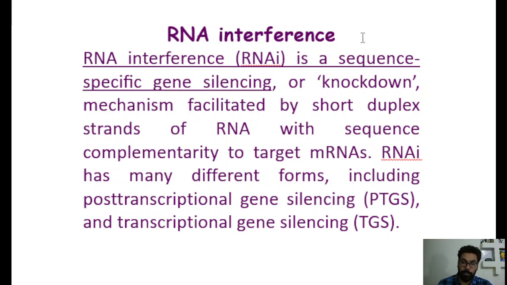Here you can see one term, knockdown. There are two or three terms. One is knockdown, in which we reduce the expression. In knockout we remove the gene responsible for the expression, therefore there will be no expression.